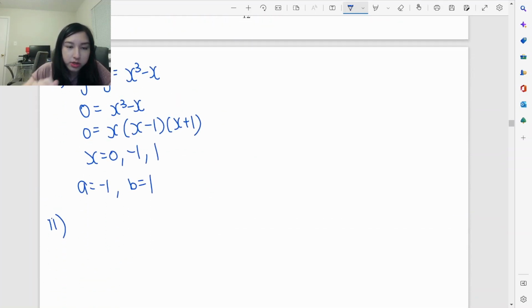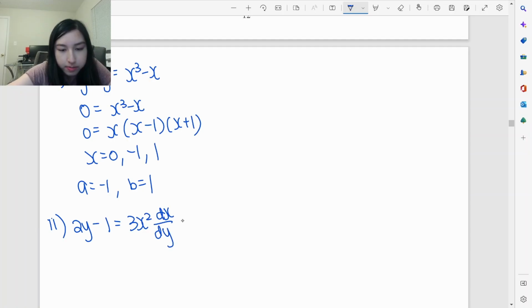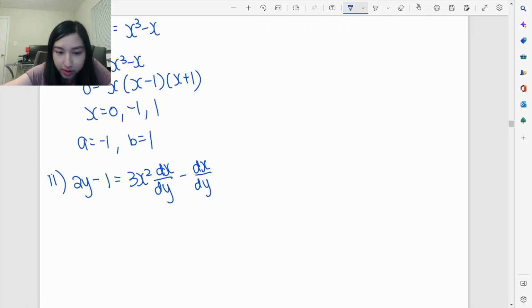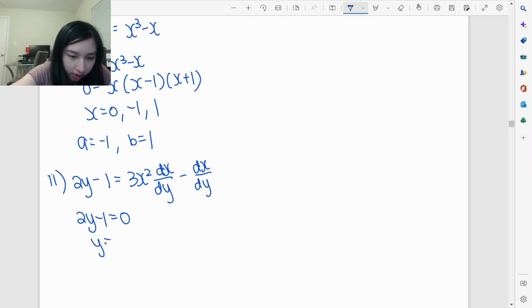So here's our equation. If we differentiate that, 2y minus 1 equals to 3x squared dx dy minus dx over dy. If we let dx over dy be 0, since it's an undefined slope, it's going to be 2y minus 1 equals to 0, y equals to 1/2, so your delta must be 1/2.